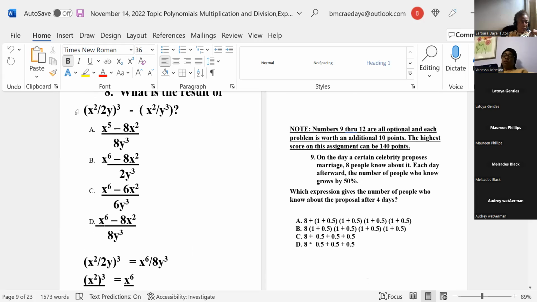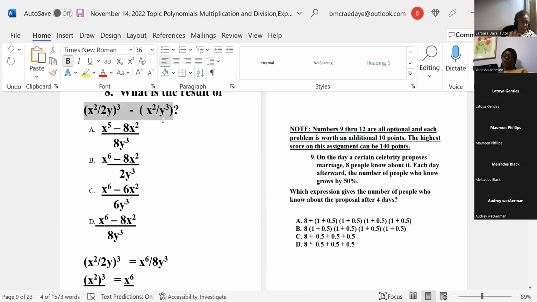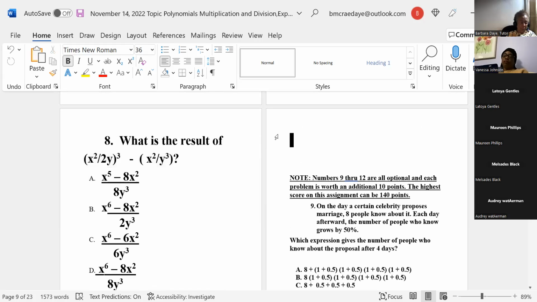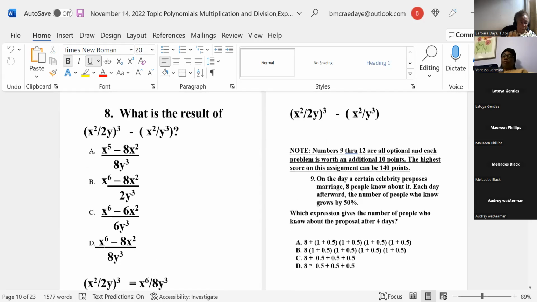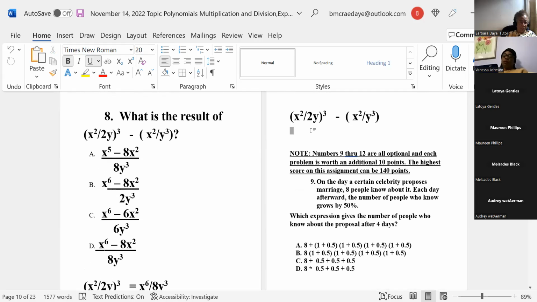So let me just copy this, and I'm going to the next screen. Okay, the next page. So let's put that there. So we said this. Let me just put that here. And we've done that. And copy what we said that was equal to x to the 6th over 8y to the third.